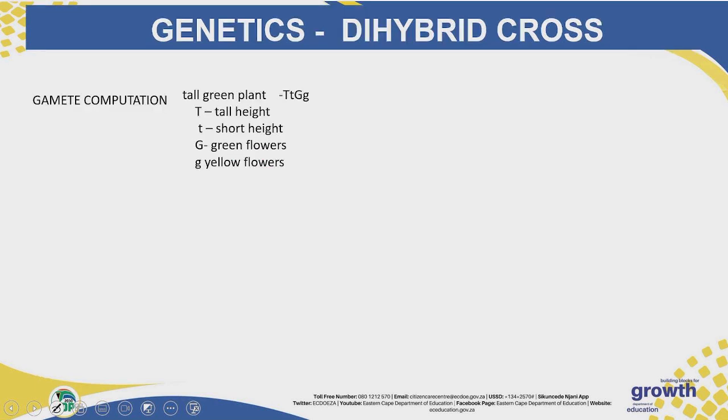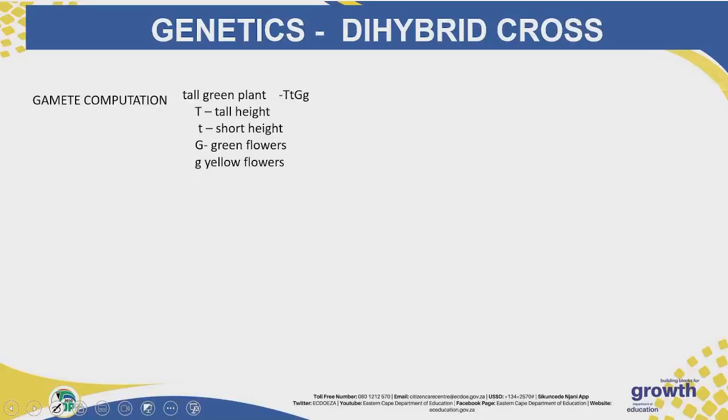Genetics, dihybrid cross is a little bit complicated, but what we have found is that the learners are not able to compute the gametes from a dihybrid cross. So for example, if you got a tall green plant, dihybrid, it means that we are now looking at the inheritance of 2 characteristics at a time. Di means 2.